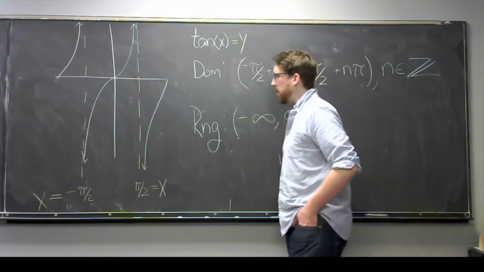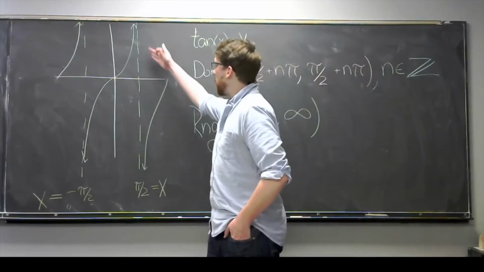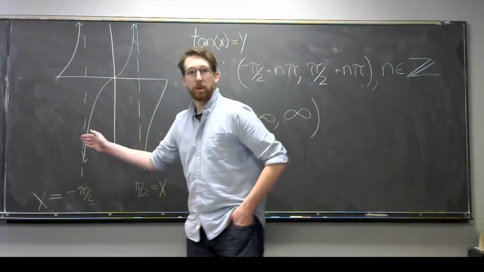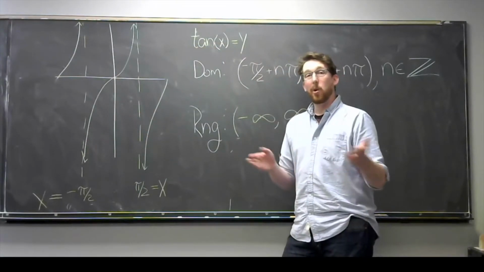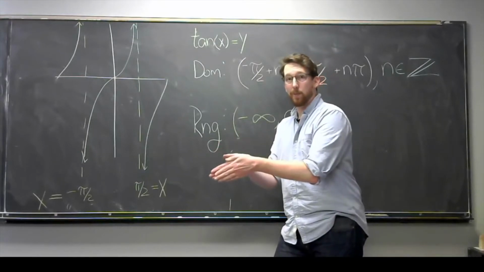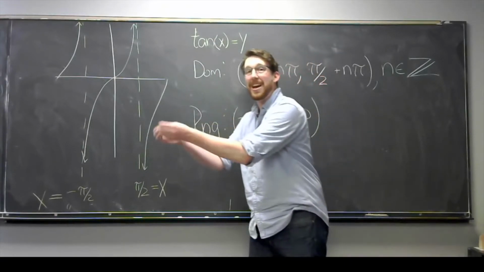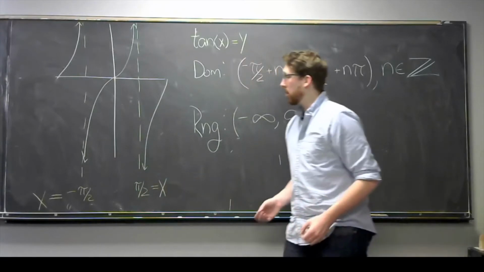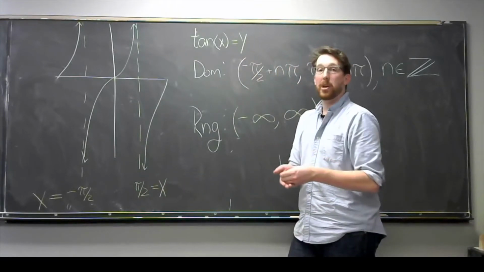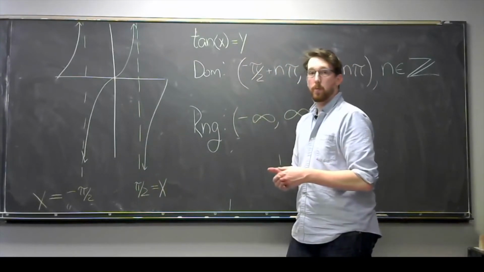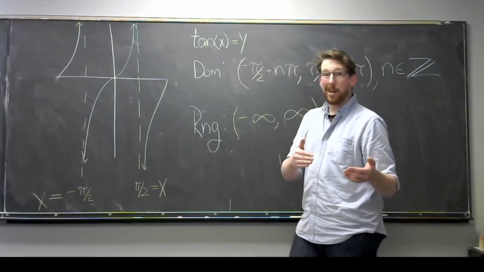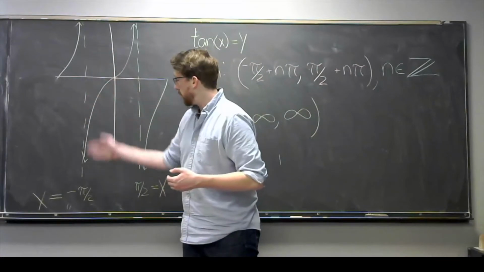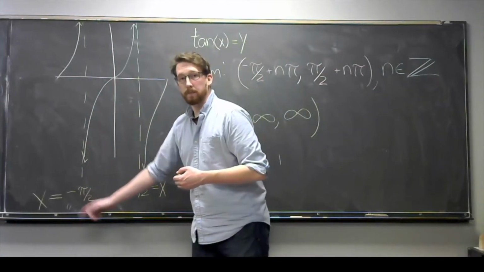And they get hairy here because of what we called asymptotes, right? These asymptotes were x values that we could get as close as we like to, but we can never put that into our tangent. So we will never be able to put in -pi/2 into tangent and get an answer. And because of that, we have a vertical asymptote at -pi/2.